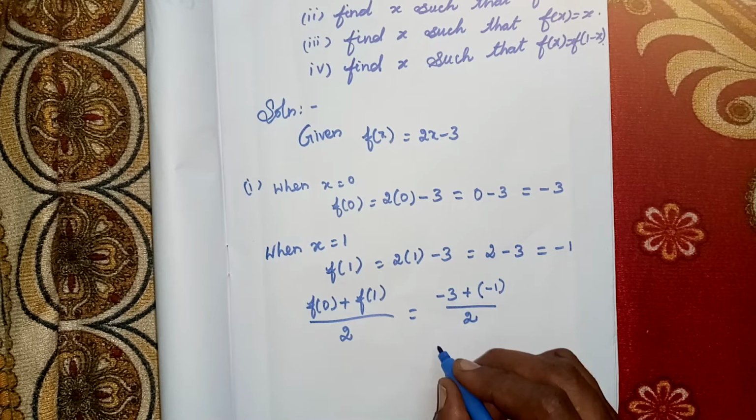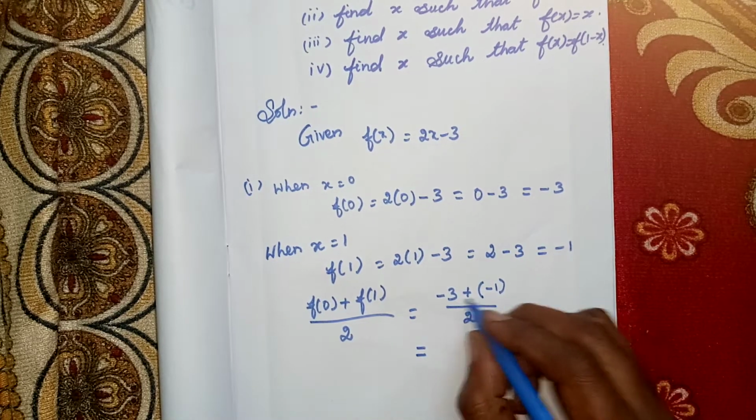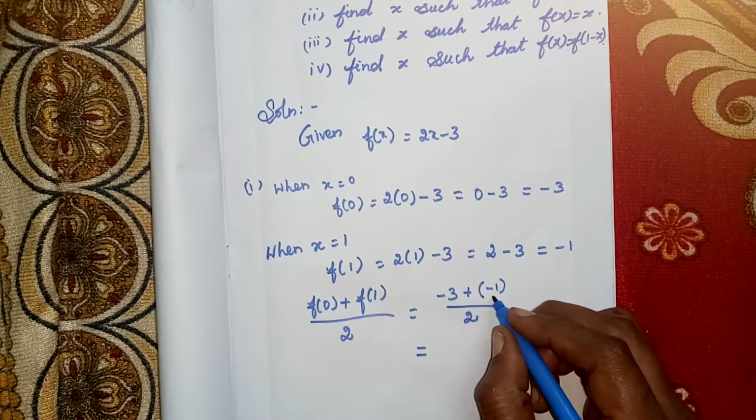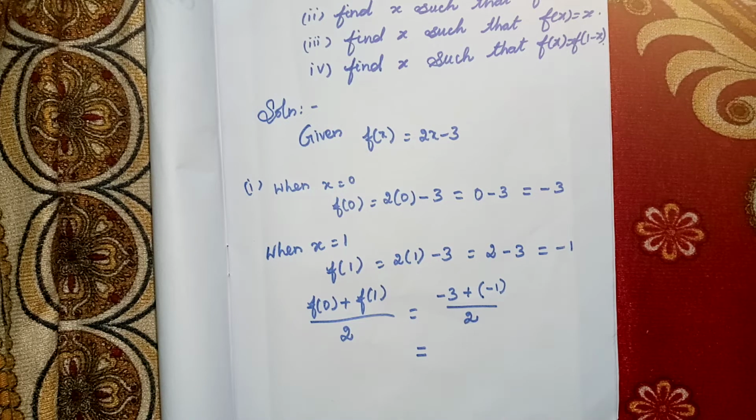Clear? −3 plus −1, both are negative. Then what do we have to do?